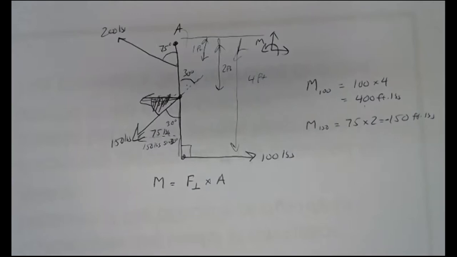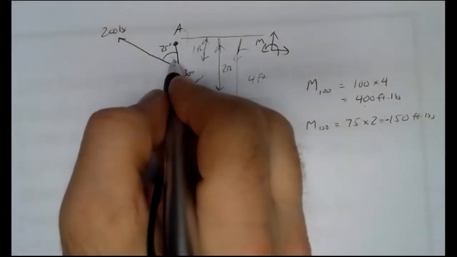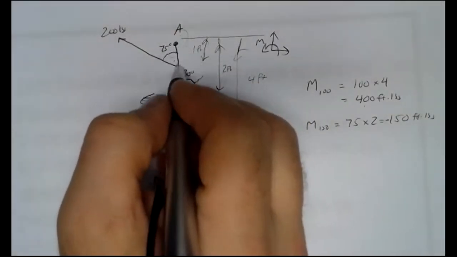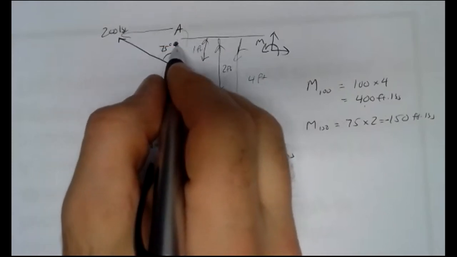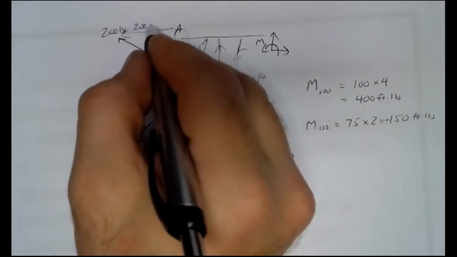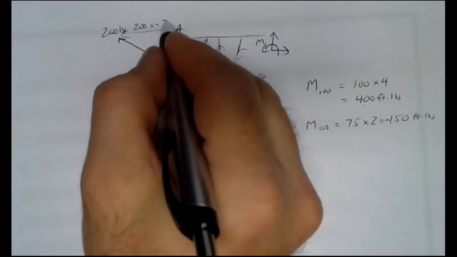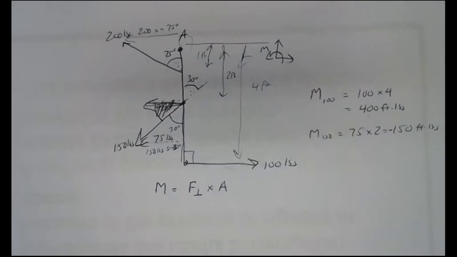And then the last one we've got is the 200-pound force, and we have to do the same thing. We've got 75 degrees measured to the arm. We need the opposite side, and opposite side goes with sine. So this would be 200 sine 75 degrees. Now I don't have the sine of 75 degrees in my head, but 200 times the sine of 75 is 193.18, or 19.